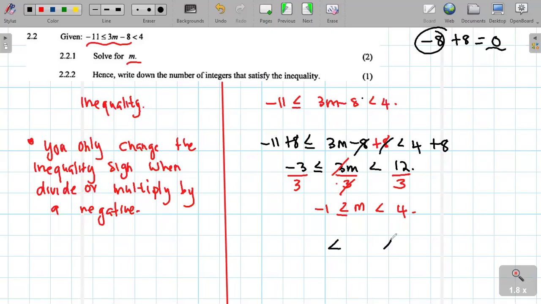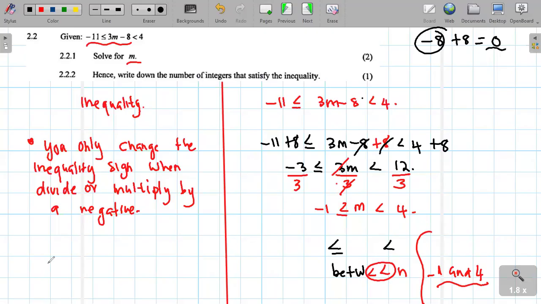This is how I write between: it means the values of m lie between negative 1 and 4. What are those numbers between negative 1 and 4?